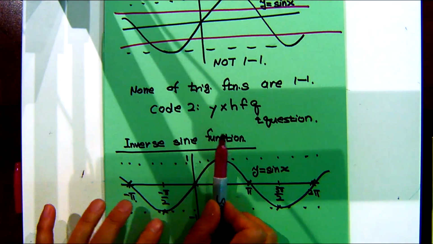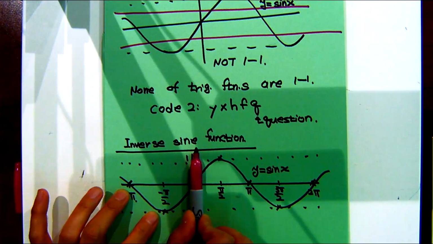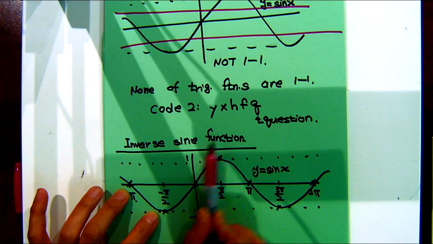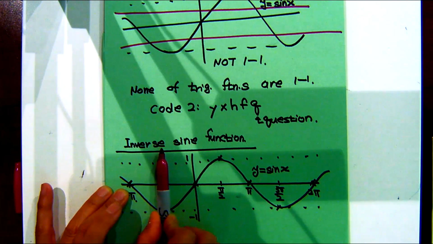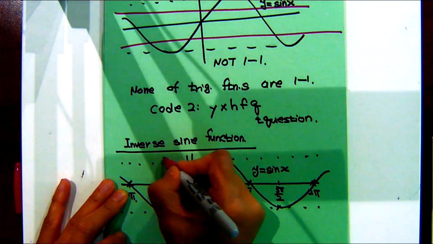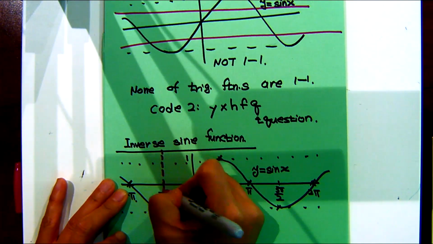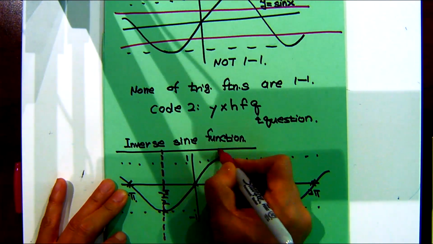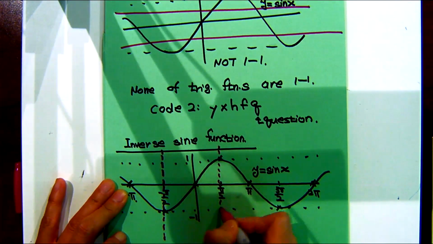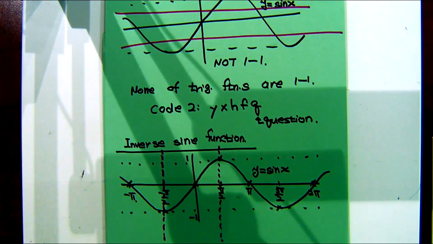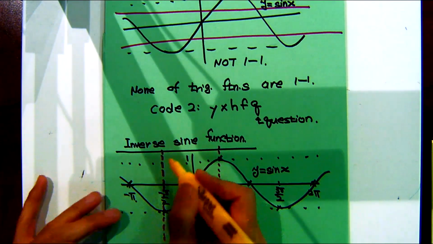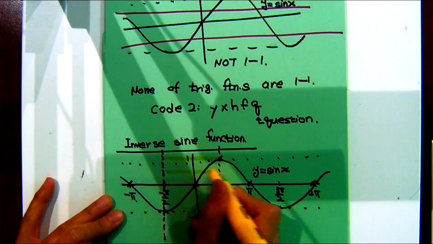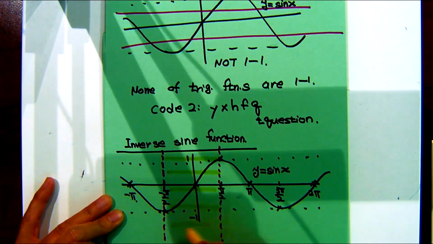So you can expand one-to-one region up to here, to the right, to the left, up to here, right? So we will define the inverse sine function in this region from negative pi over 2 to pi over 2.